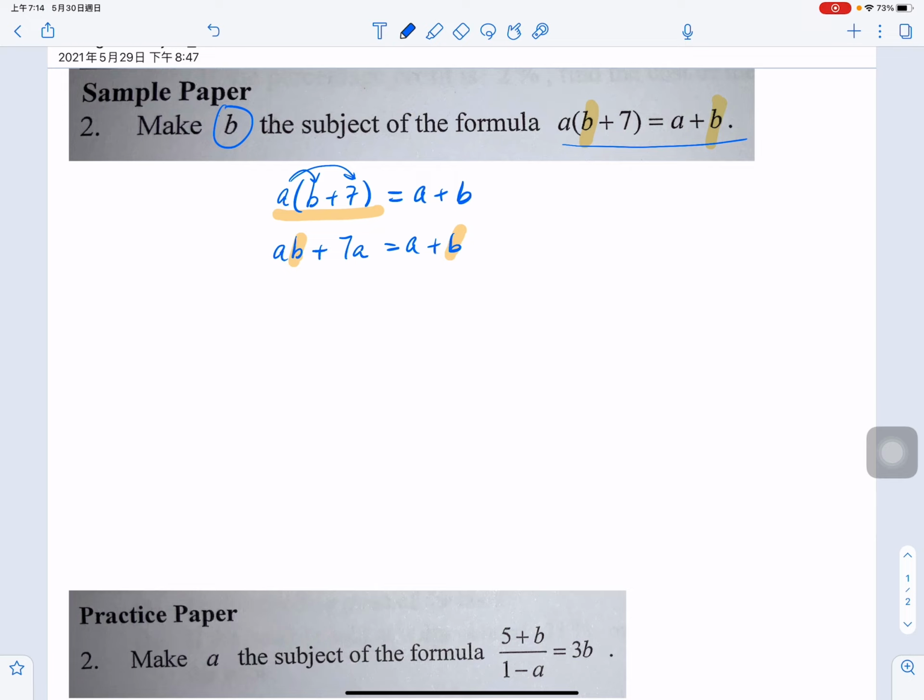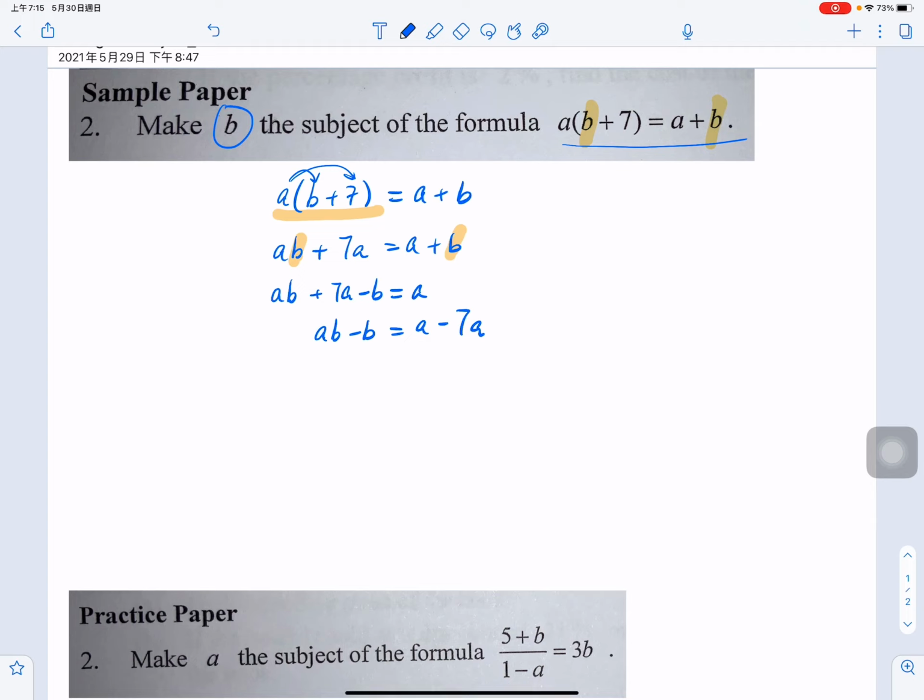So we group it together. 8b plus 7a, and then minus b on both sides. So minus b on both sides, then no more b on the right hand side. Then 8b minus b, both sides minus 7a, so a minus 7a.